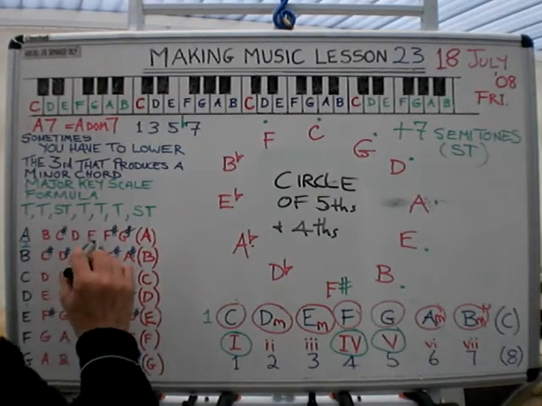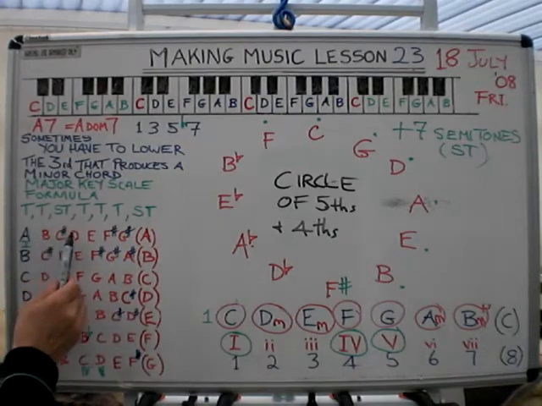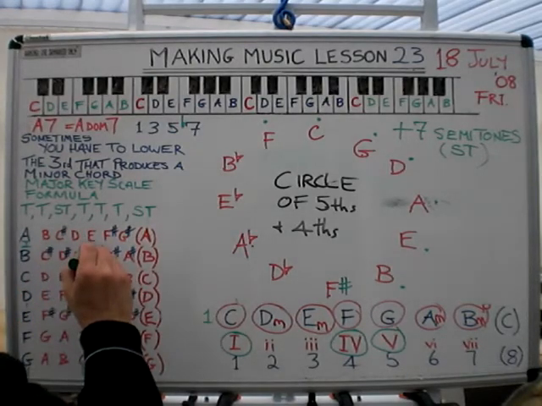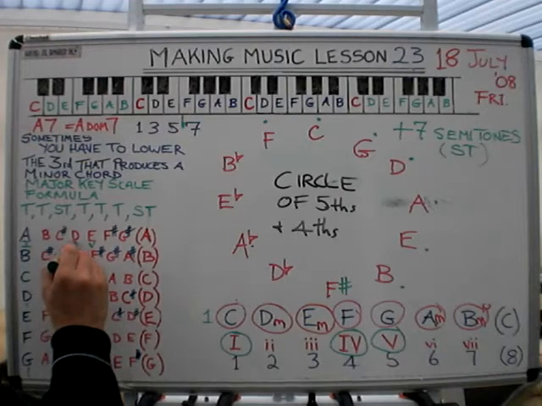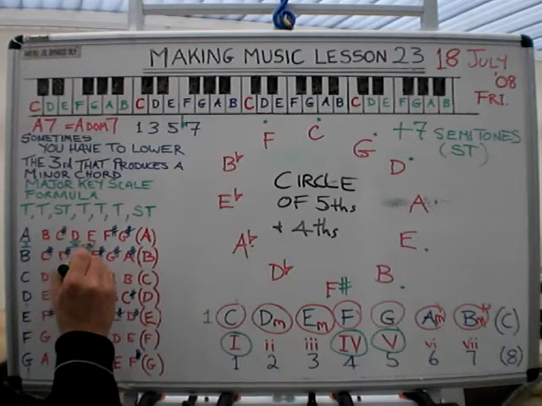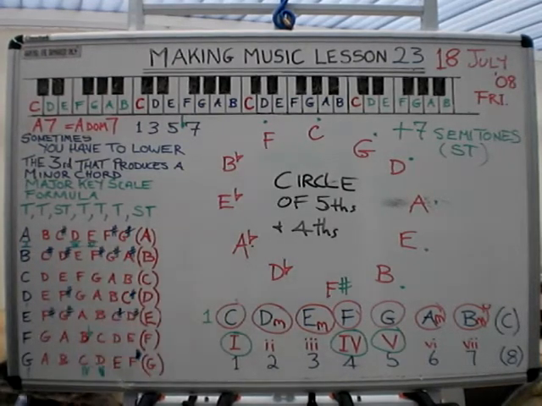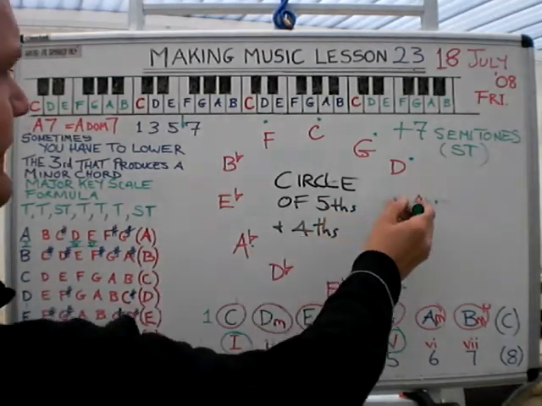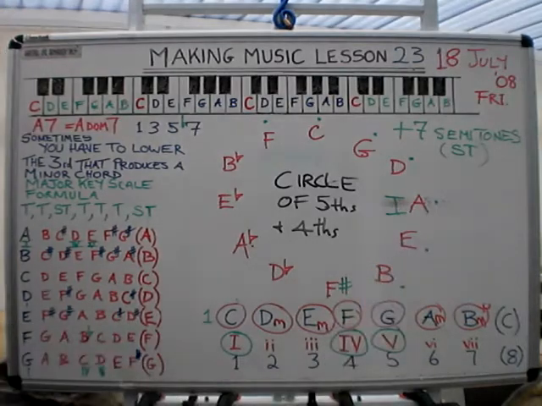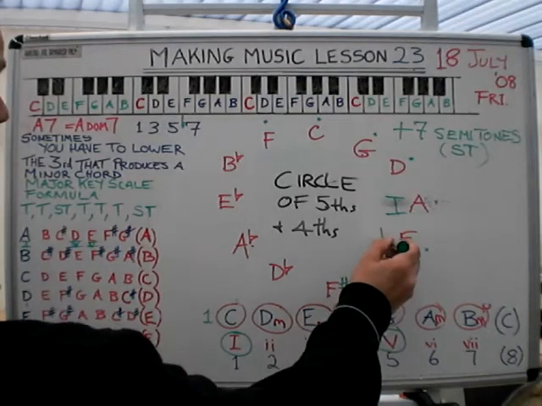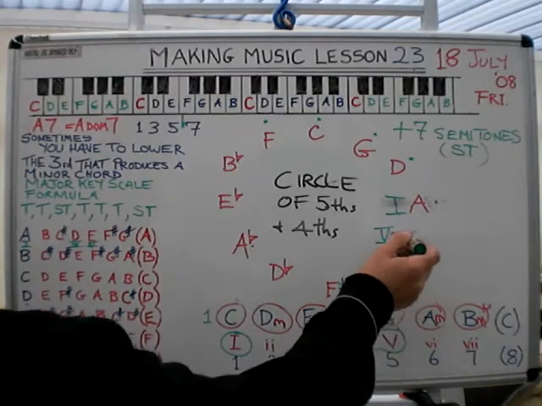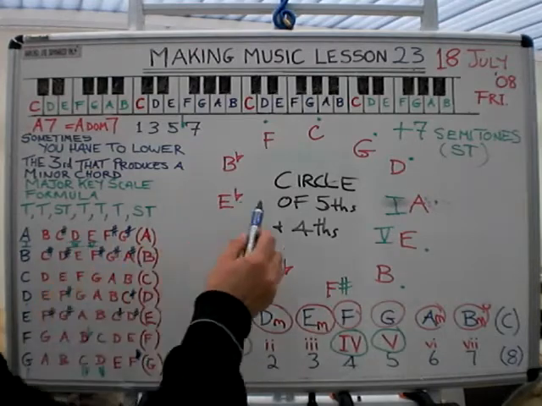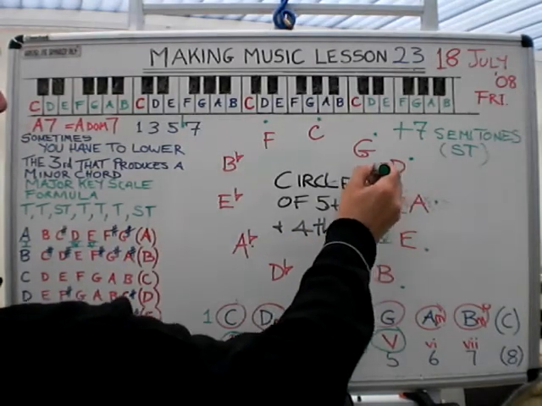Our 5th position, you can count on if you want, 1, 2, 3, 4, 5. And our 4th position there. That's our first chord we're going to strum maybe in the key of A. Our 5th position is the E, and our 4th position is the D.